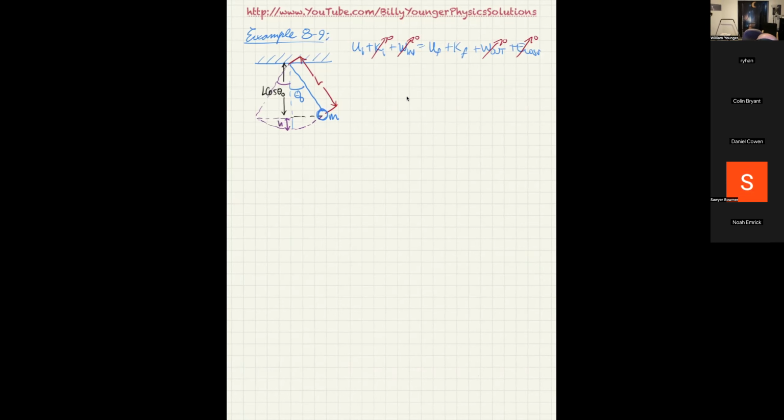which is H. And the bigger quantity from the ceiling all the way down to the bottom of the purple arc is L. So this distance from here to here is L, and this distance from here to here is L cosine theta.